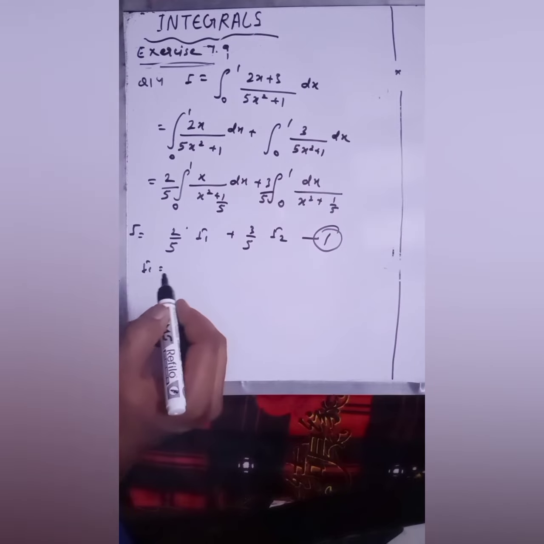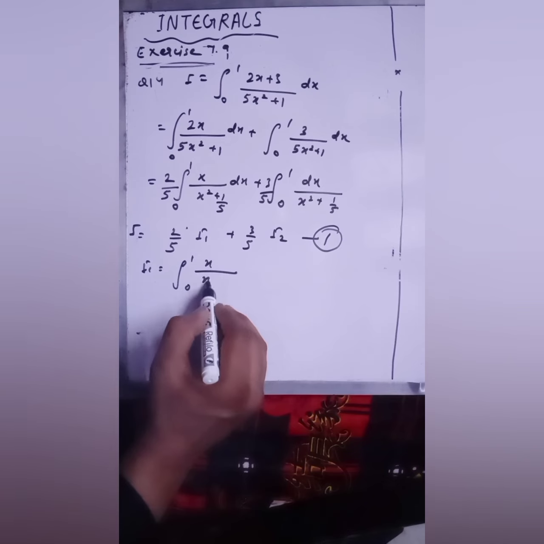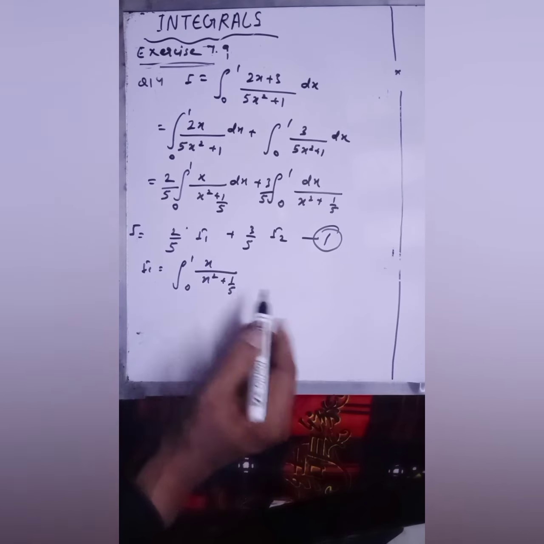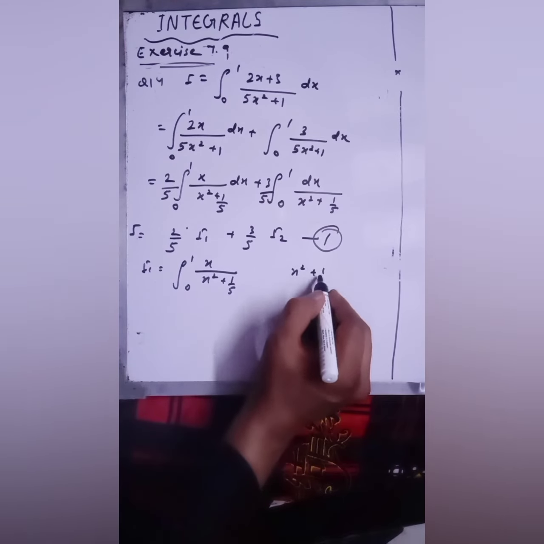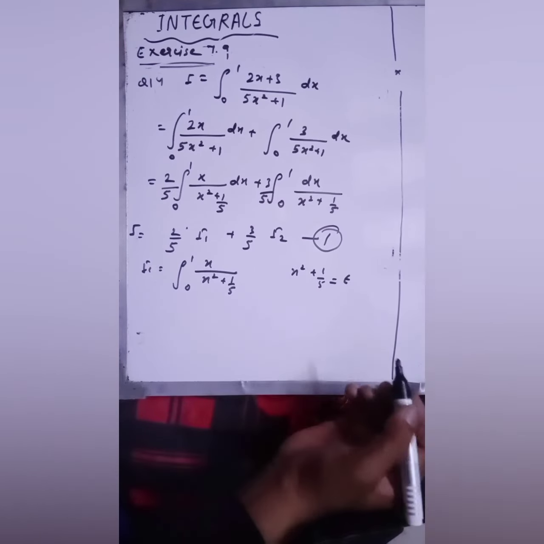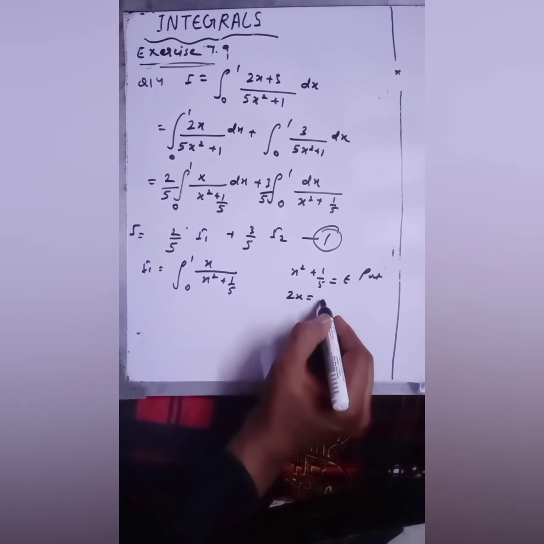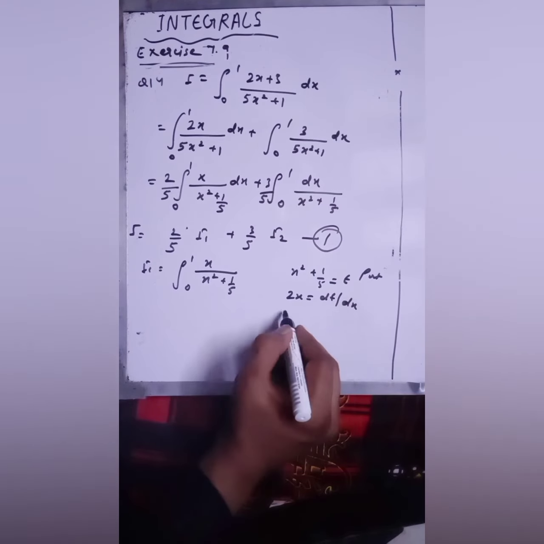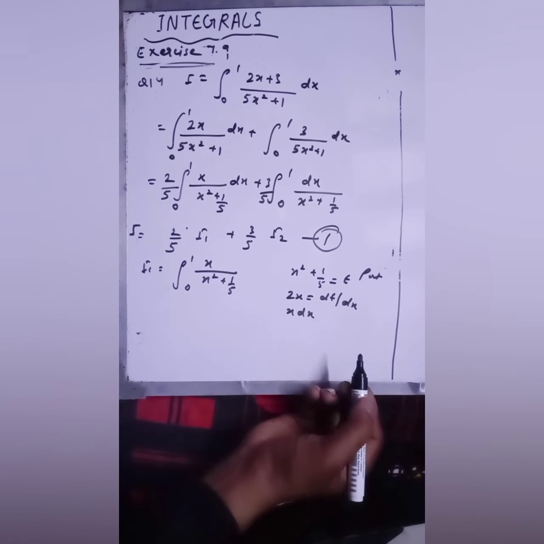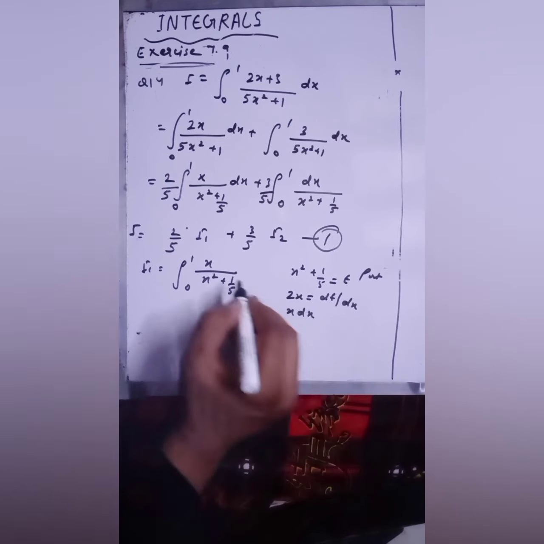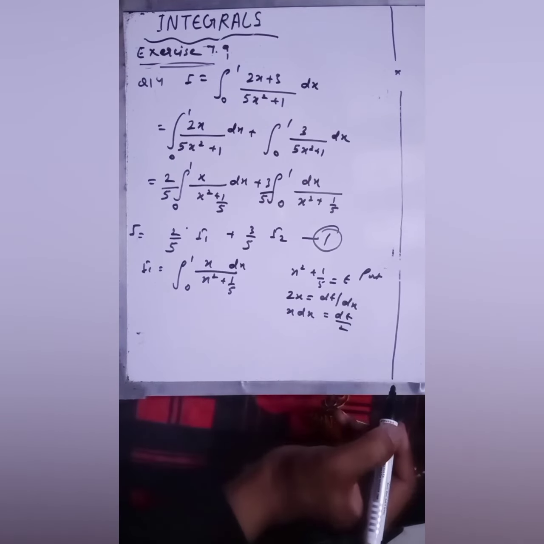So our I1 is equal to the integral 0 to 1 of x over x square plus 1 by 5. Fine, so here x square plus 1 by 5, that is equal to t, we are assuming that. So differentiating both sides, you get 2x, that is equal to dt by dx. So x into dx would be dt by 2.